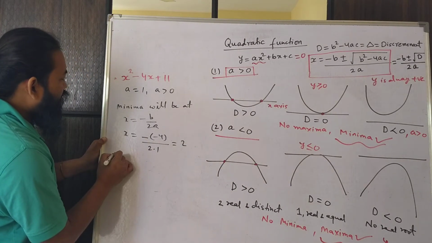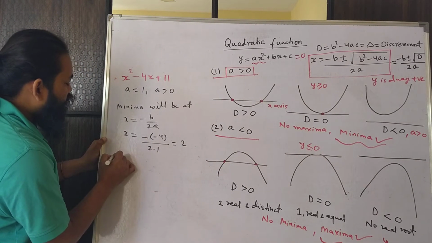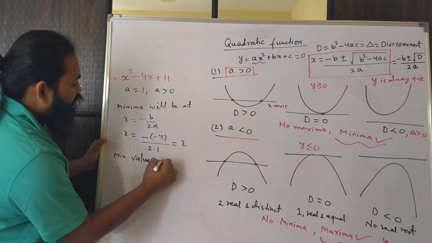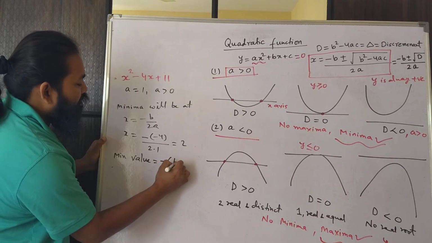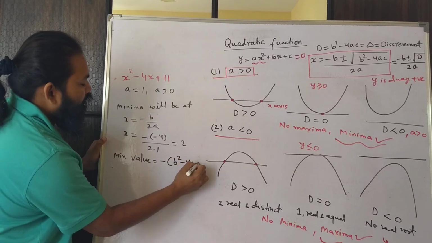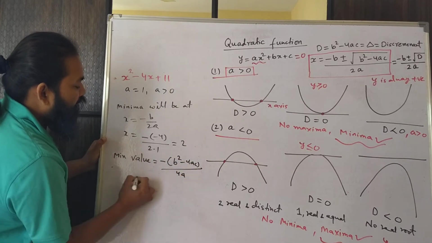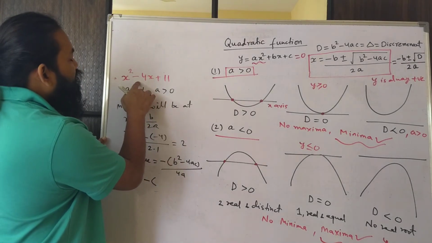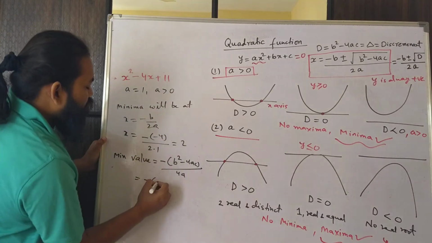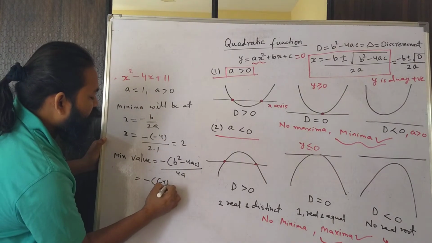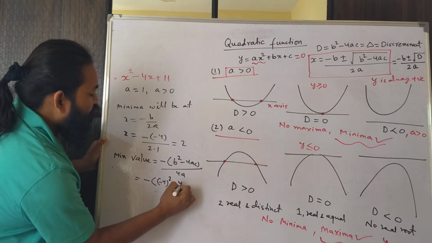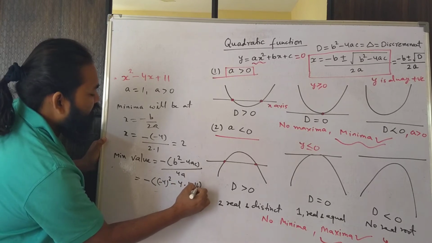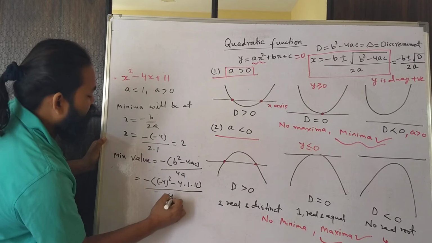So the minimum value will be minus D by 4a. That is minus, and D is b square minus 4ac. So b square is minus 4 square, minus 4 into a into c. Let's calculate, and by 4a, so 4 into 1.